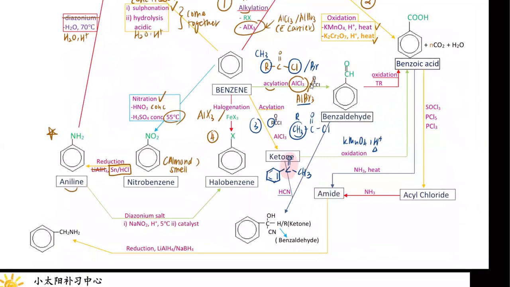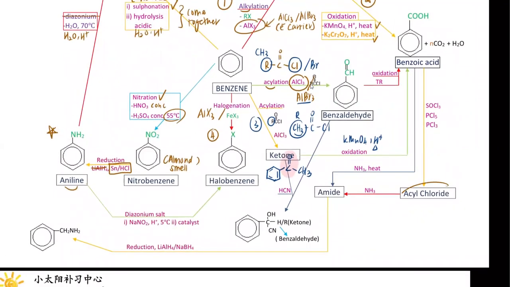From benzoic acid, we can synthesize acyl chloride, which looks like RCOCl. You just change the OH group into Cl by adding either SOCl2, thionyl chloride, PCl5, or PCl3.